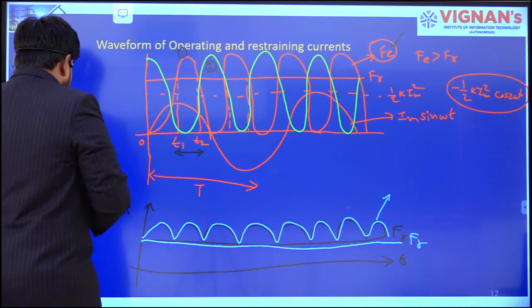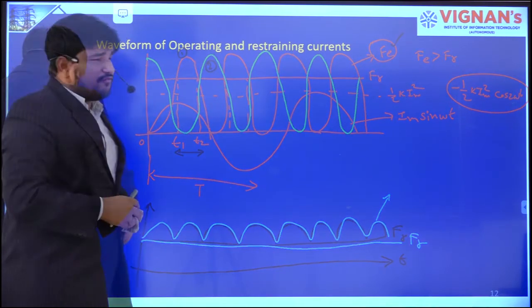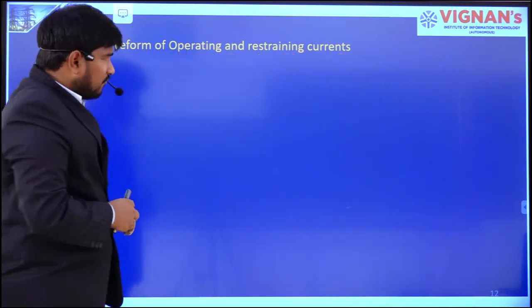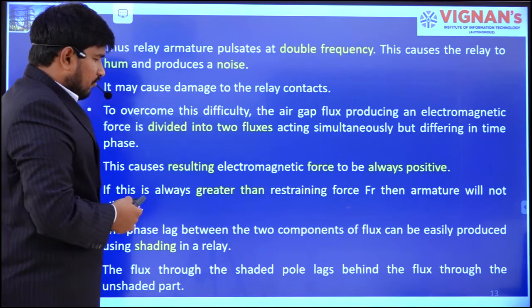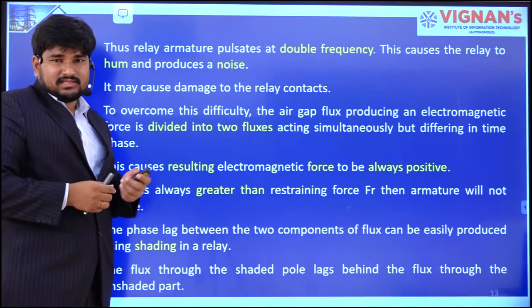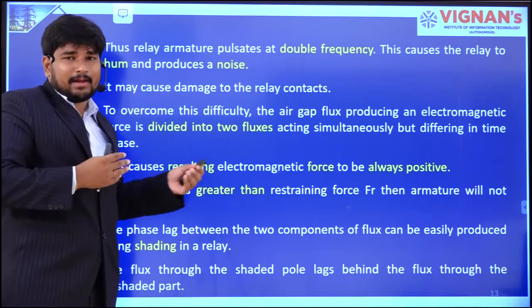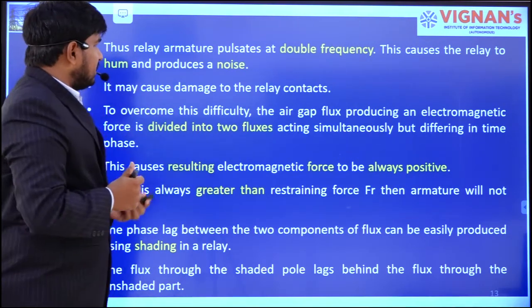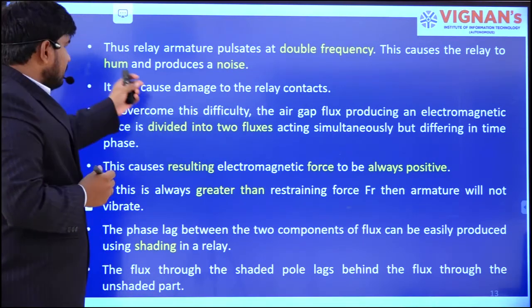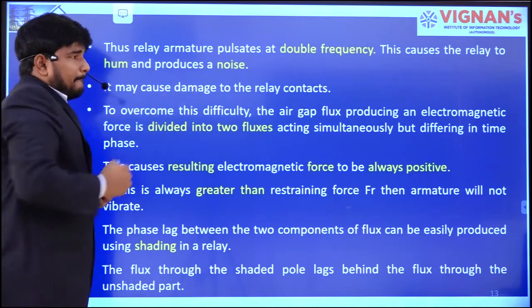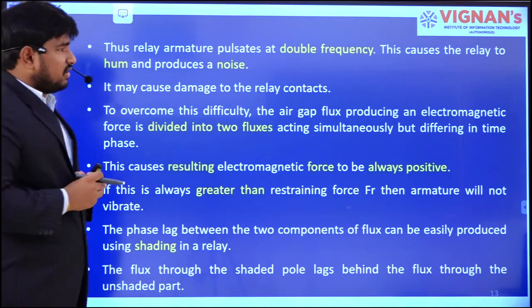Now let's see the methodologies to avoid the doubling effect. Before going to that, let us see the key points. Does the relay armature pulsate at double frequency?